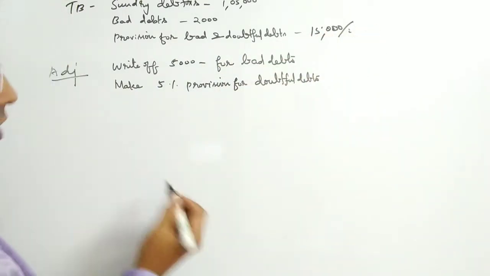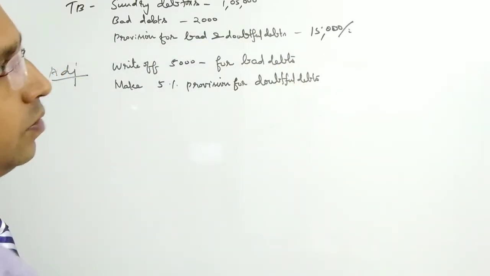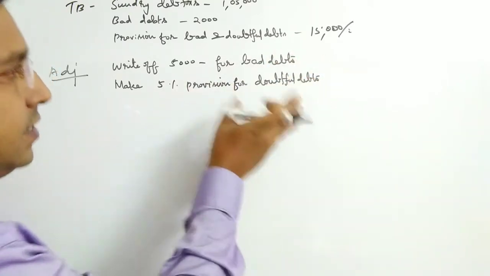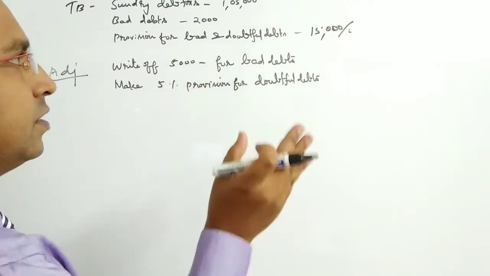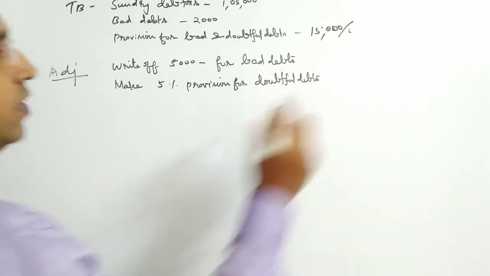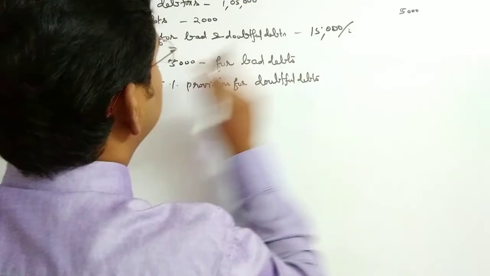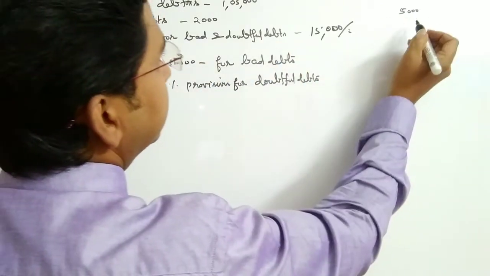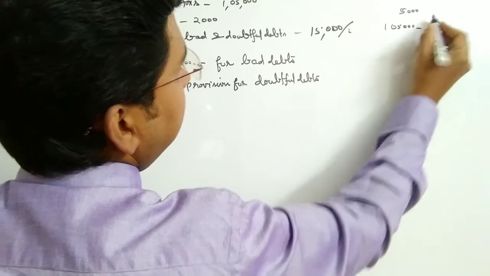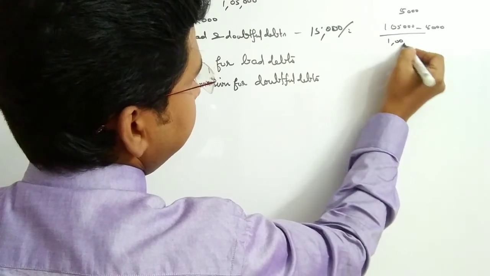Whenever we come across problems like this with bad debts, we have to calculate roughly whether the adjusted provision is higher or lower than the existing provision. Let me calculate here. The newly adjusted bad debt is 5,000. After subtracting the write-off bad debts, what is the value? 1 lakh.